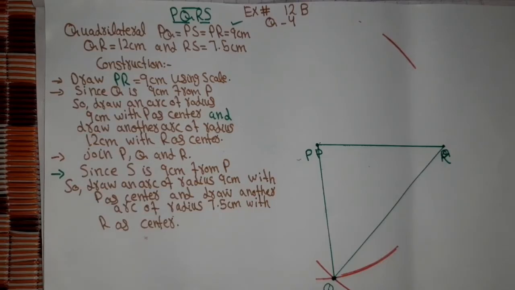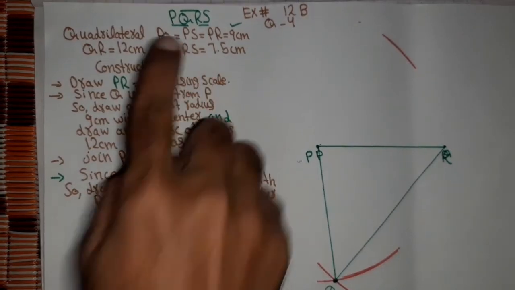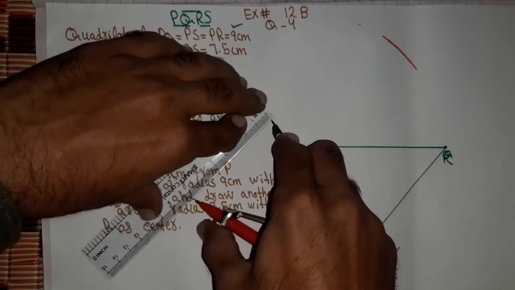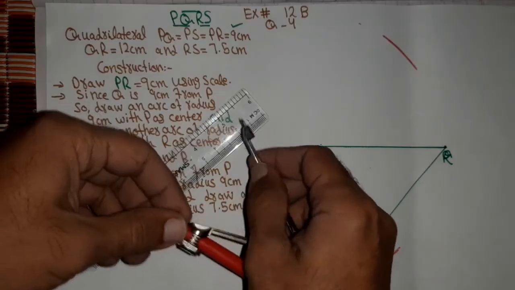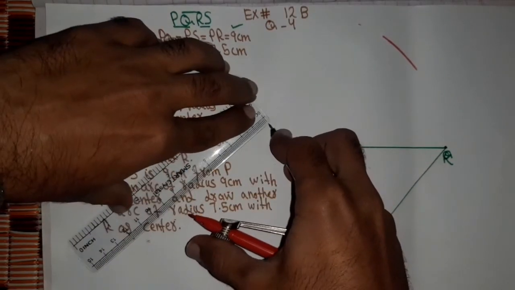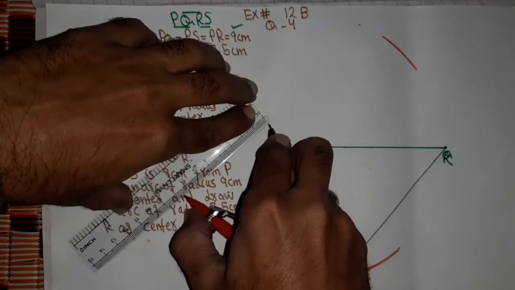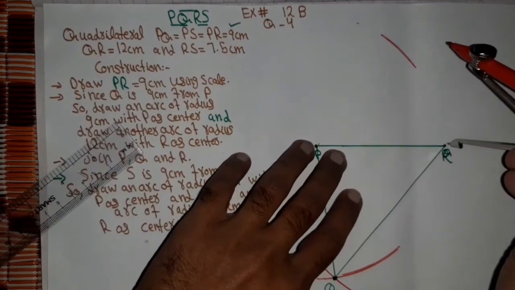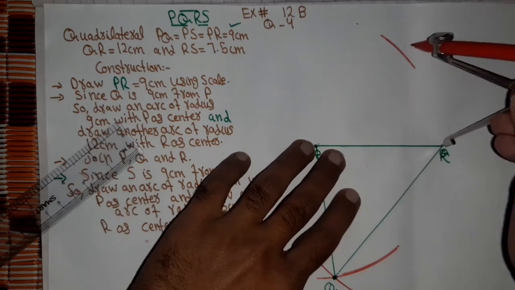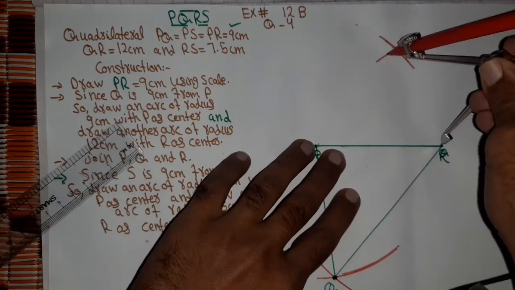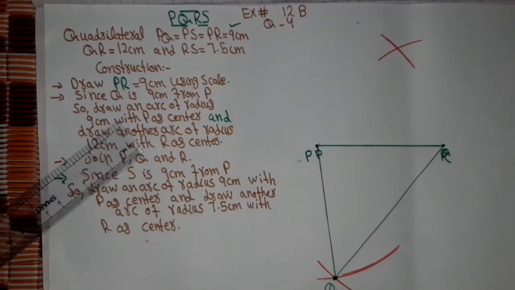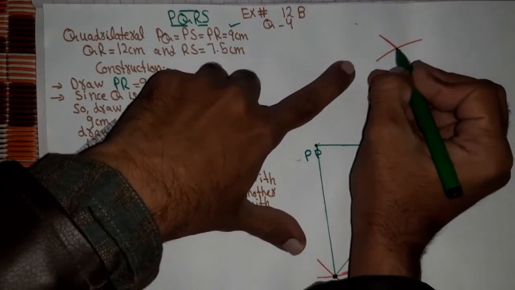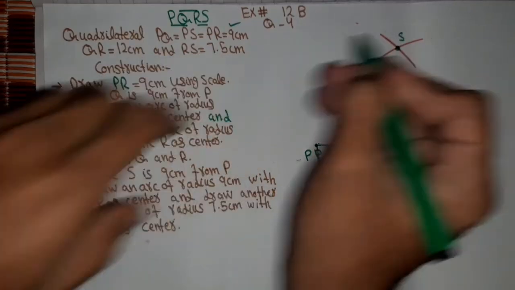We will open the compass to the length 7.5 centimeter and draw an arc of radius 7.5 centimeter. So this is point S.